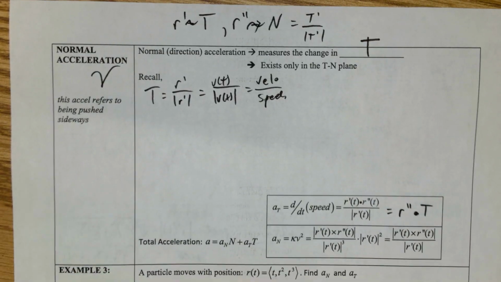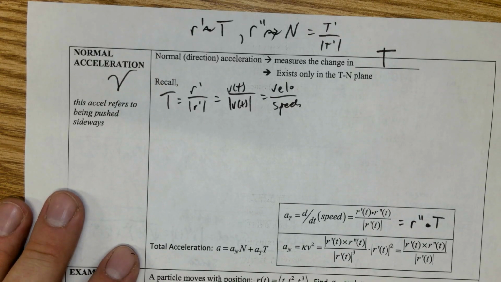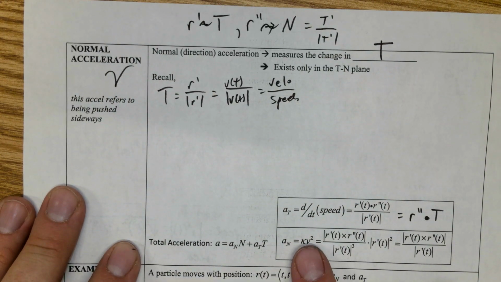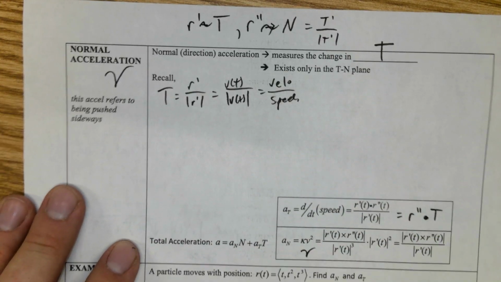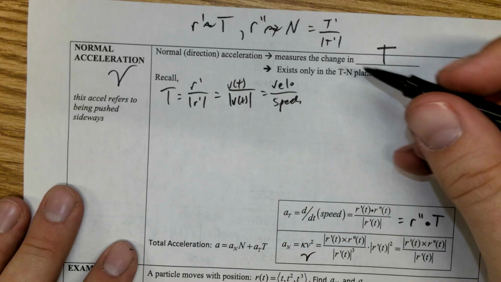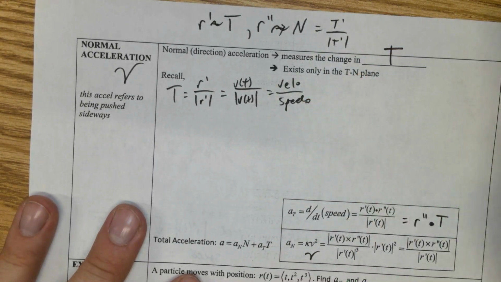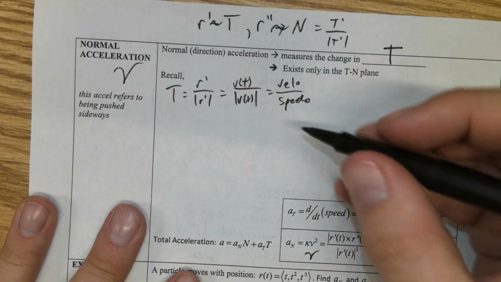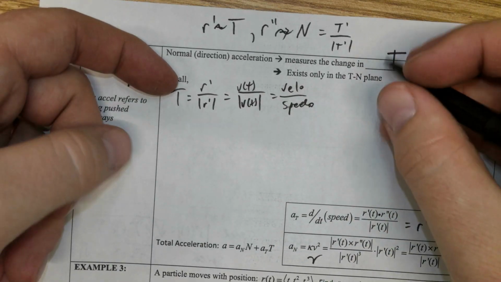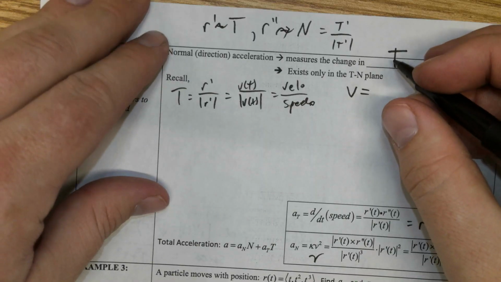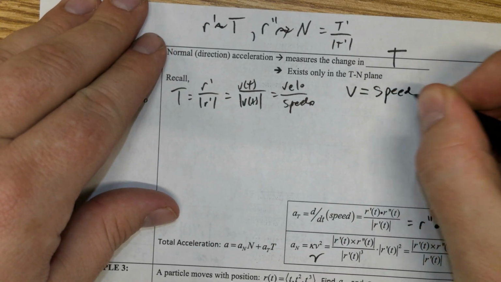But with my handwriting, they look far too similar. So this v down here is actually speed. All right, let's use this. That means that if I multiplied this across, velocity would be speed times t.